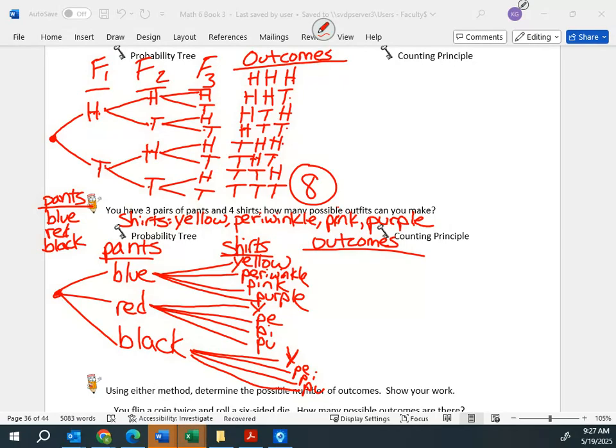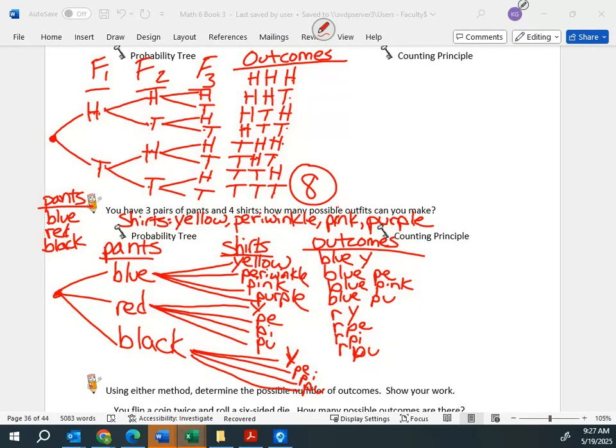So we could do blue and yellow, blue and periwinkle, blue and pink, blue and purple. Then we could do red with yellow, red with periwinkle, red with pink, red with purple.